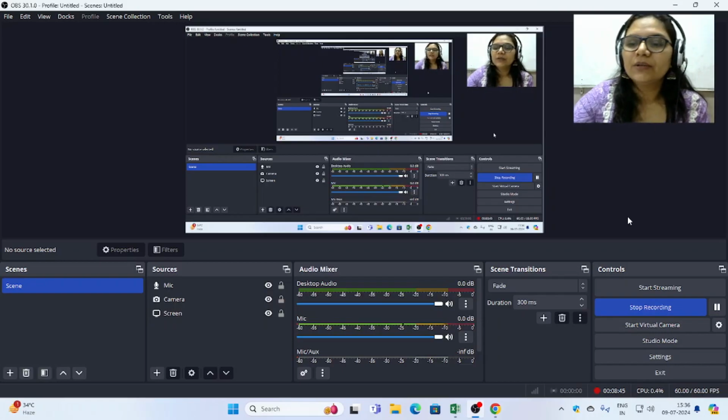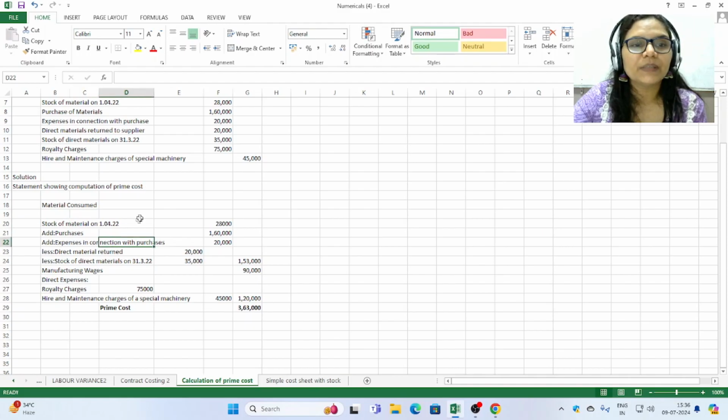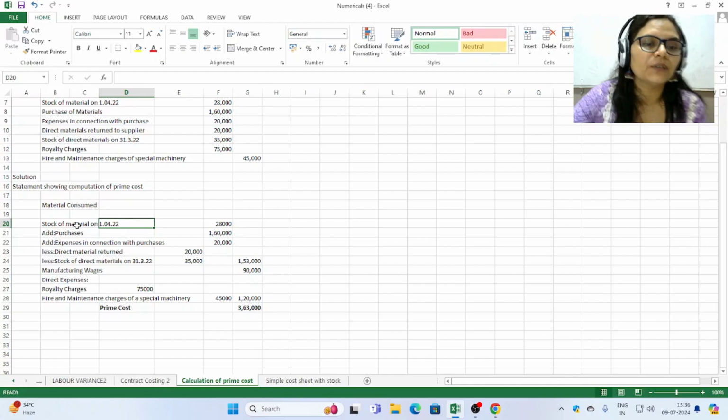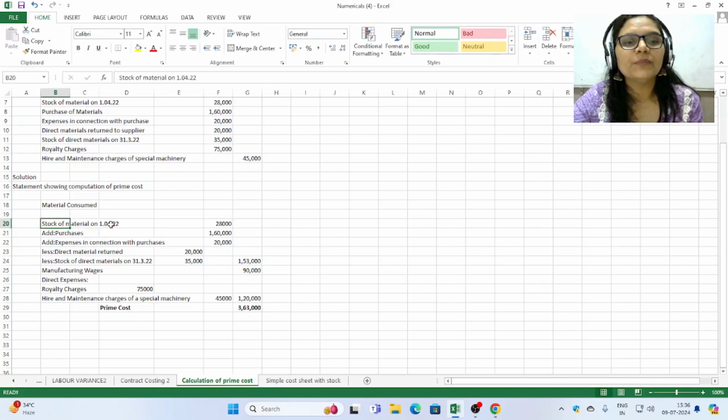So in this question, we have clearly identified the direct expenses. We first calculate direct material, which is the material consumed, and we all know material consumed is calculated with the help of opening stock, closing stock, and any additional purchases which are made. So stock of material is 28,000.